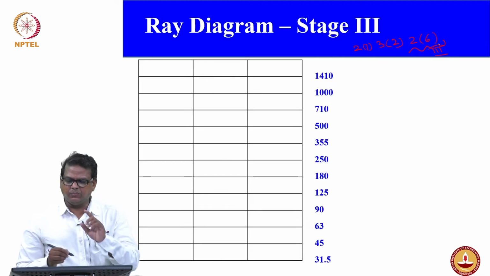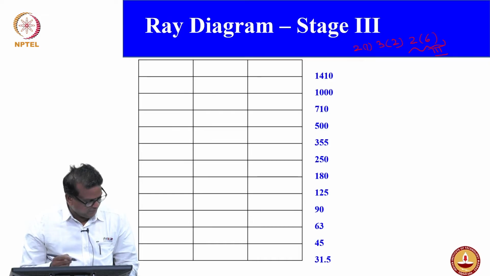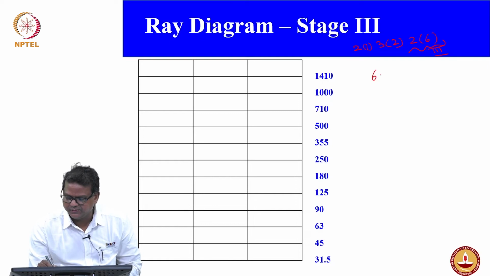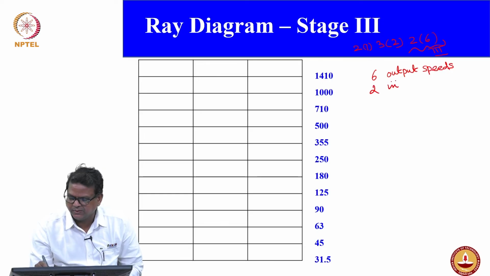Okay. So what does 2 of 6 indicate? 2 of 6 indicates you have 6 output speeds, isn't it? And from the formula you have 2 input speeds. Okay, that's fine.